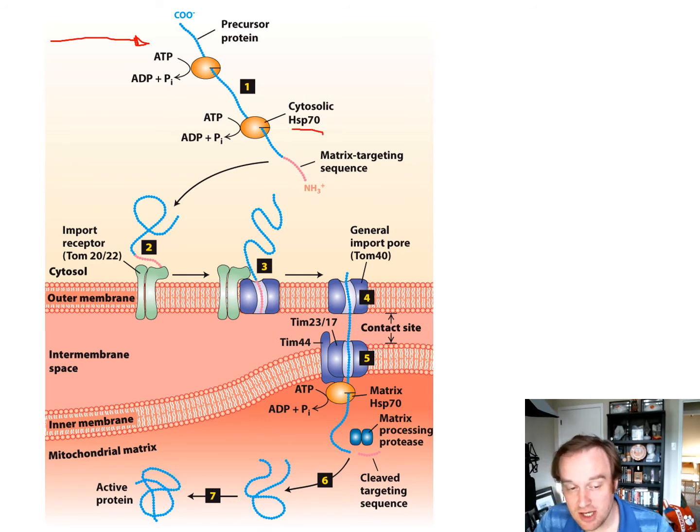In step 2, this matrix targeting sequence binds to the outer membrane import receptor, which is this green guy down here, and this is near this rare contact site with the inner membrane. And so once that occurs, this MTS, the matrix targeting sequence, is inserted into the outer membrane translocon.